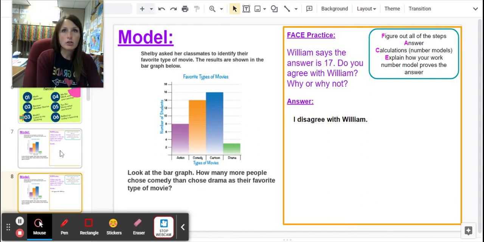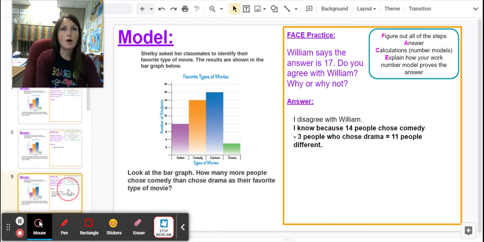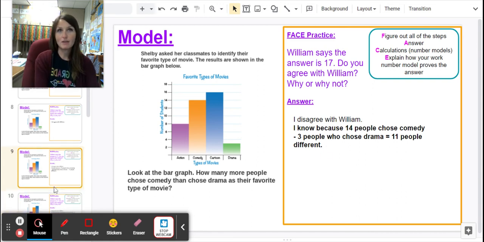Well, I took 14 minus 3 and got 11. Those are the steps I take, so I'm going to explain that here. I disagree with William. I know because 14 people chose comedy minus 3 people who chose drama equals 11 people different. The difference between 14 and 3 is 11.